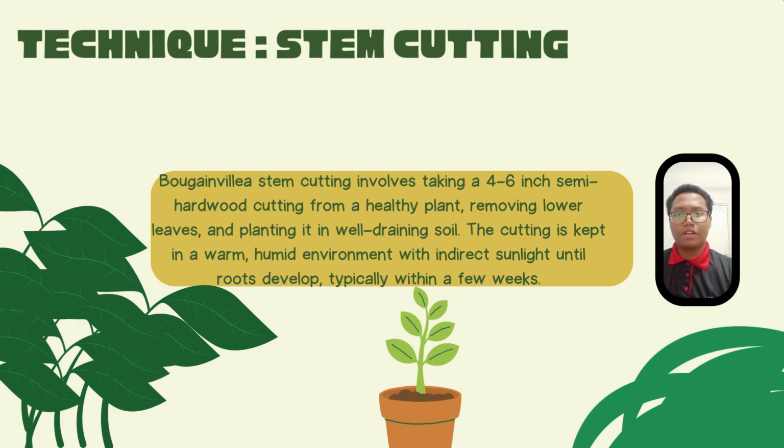Bougainvillea stem cutting involves taking a 4 to 6 inch semi-hardwood cutting from a healthy plant, removing the lower leaves, and planting it in well-draining soil. The cutting is kept in a warm, humid environment with indirect sunlight until roots develop, typically within a few weeks.